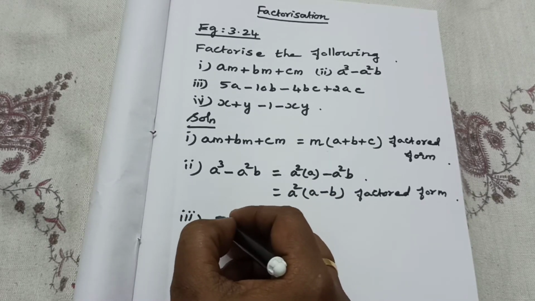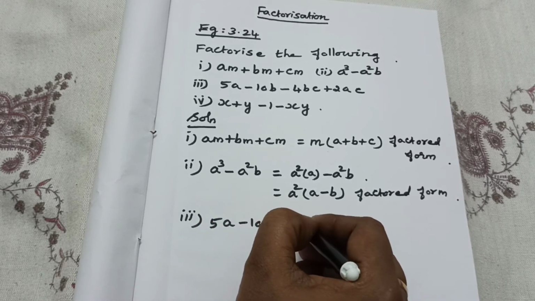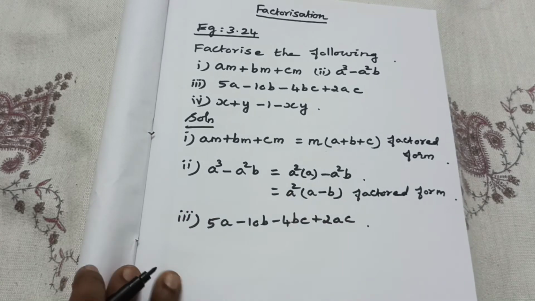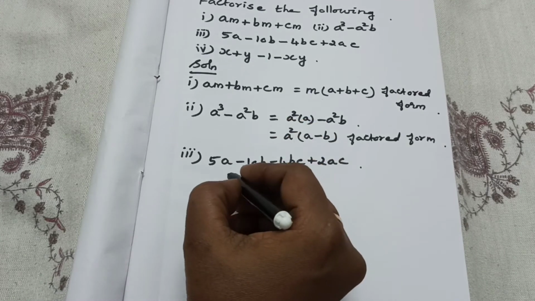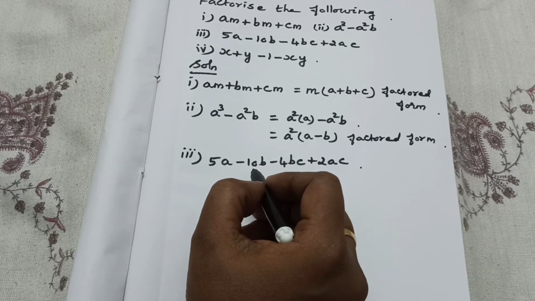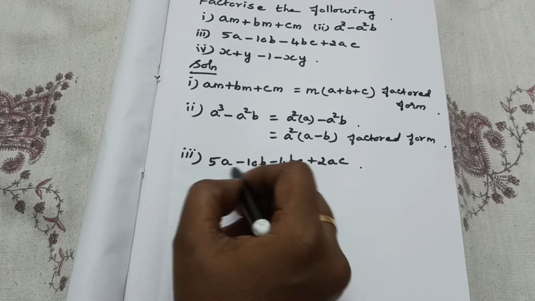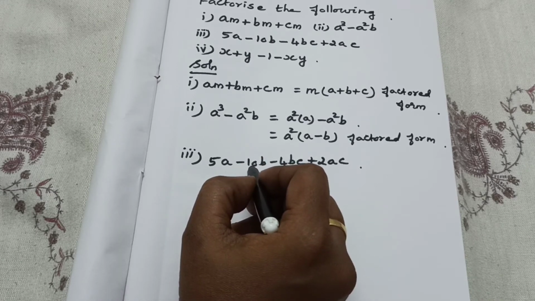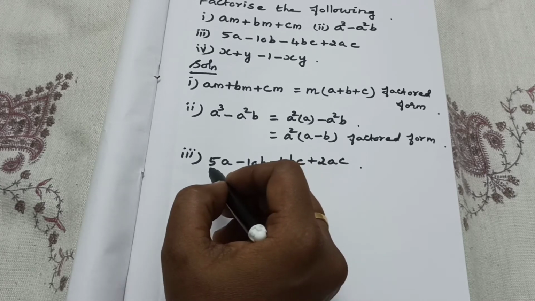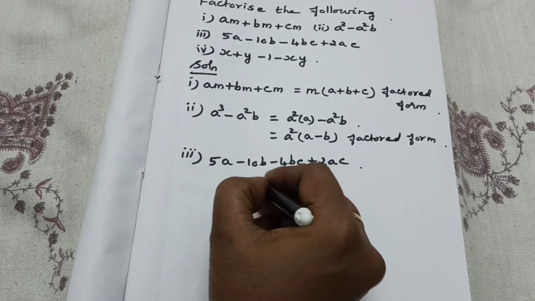Here the question is 5a minus 10b minus 4bc plus 2ac. This is the second model. Here we have to take the first two terms, 5a minus 10b. Which is common we have to take outside. Here 5 and 10 are there, isn't it? Then 5 we can take outside.